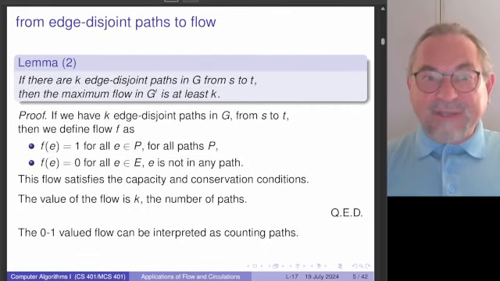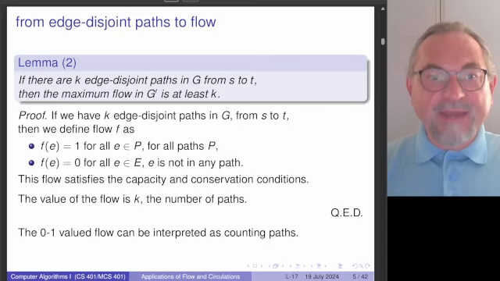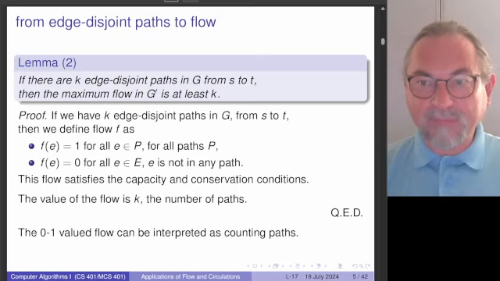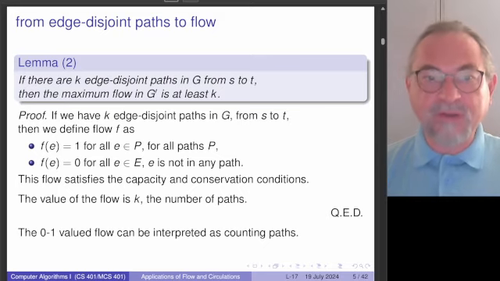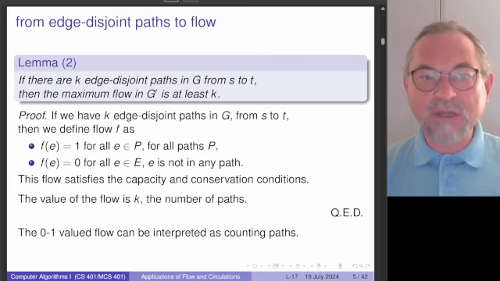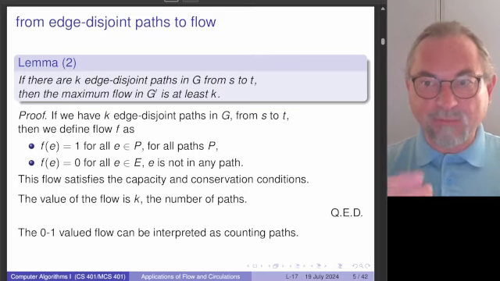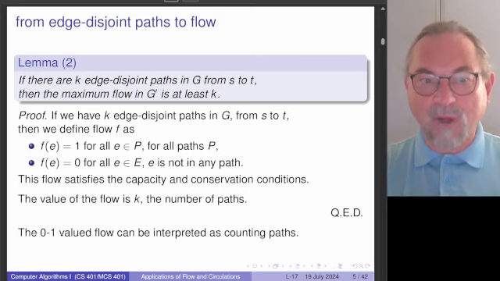In one direction it works at least. If we have k edge disjoint paths, then we can define a flow as follows. For all the edges in these paths, we define a flow of 1, and for all the other edges that are not contained in any of the paths, we have a flow of 0.